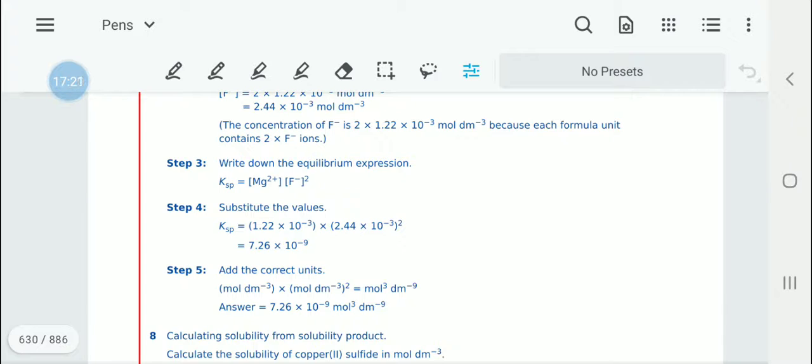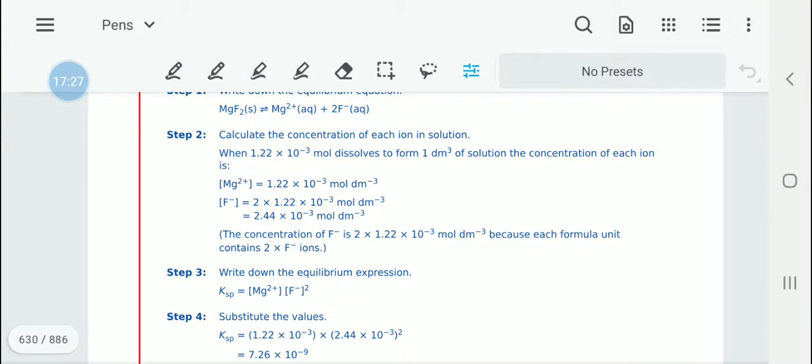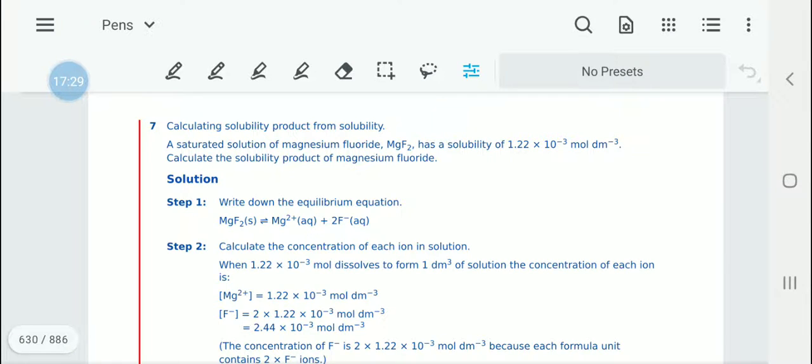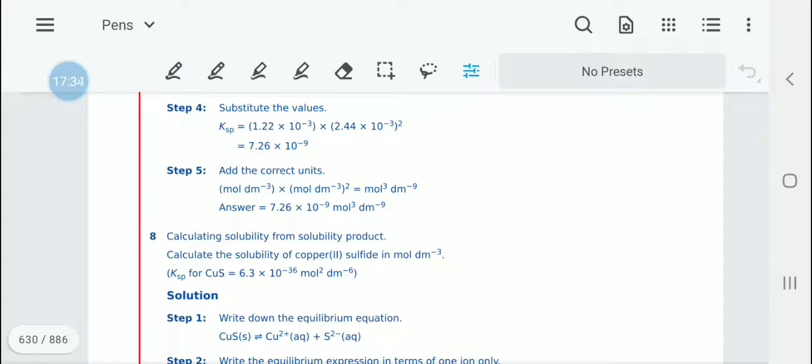So that is the solubility product of magnesium fluoride. Now to find the units, we have the concentration of magnesium times the concentration squared of fluoride. So the first one is moles per cubic decimeter multiplied by moles per cubic decimeter squared. So that is mol^3 dm^-9. I hope that you understand that.